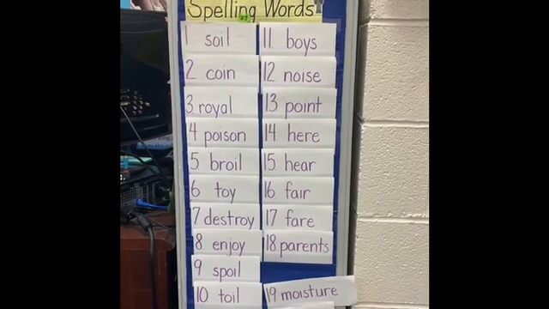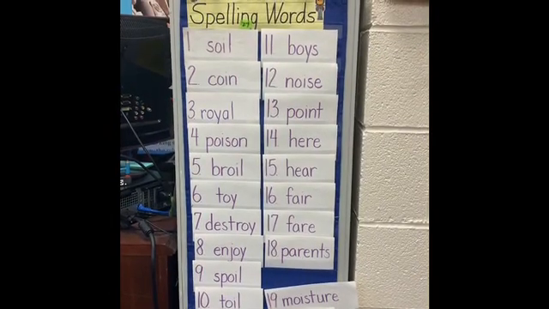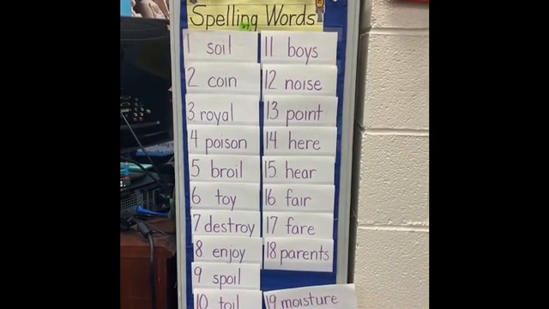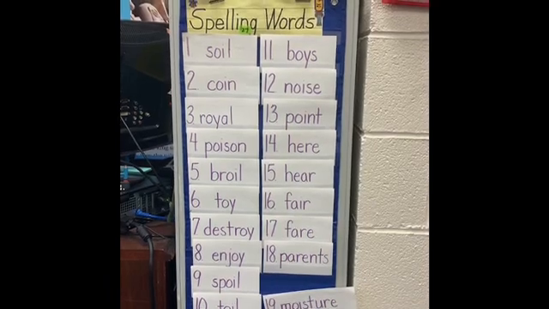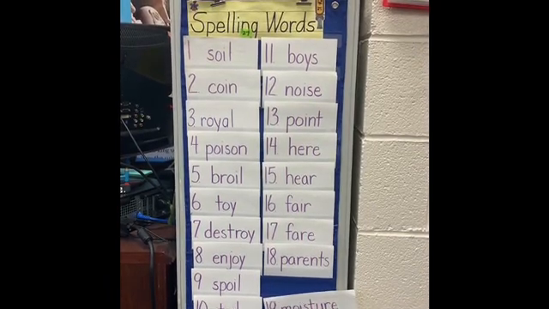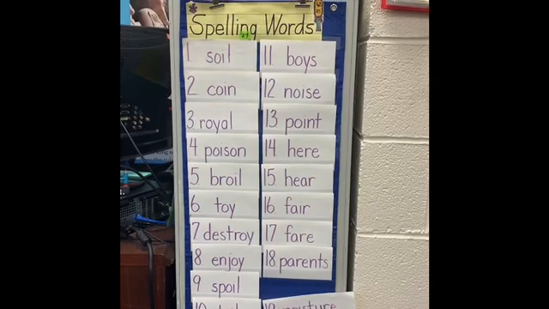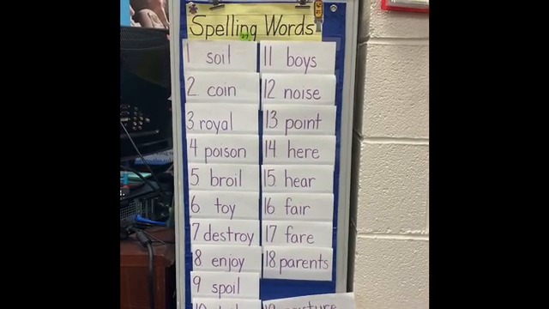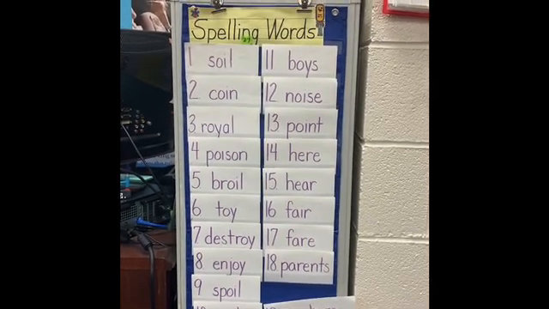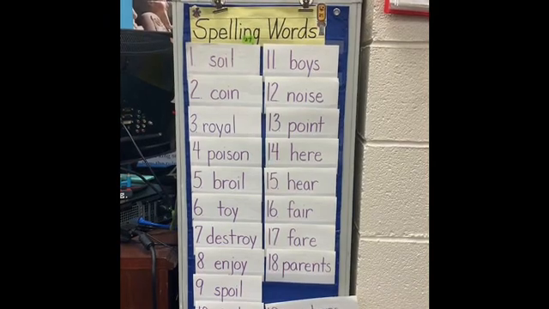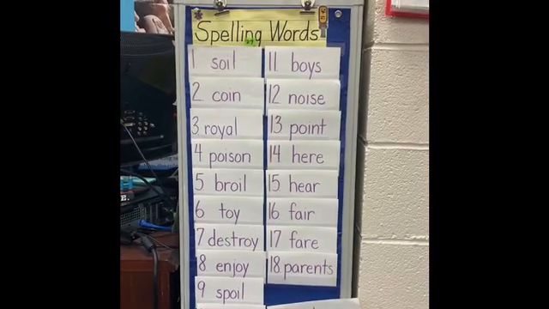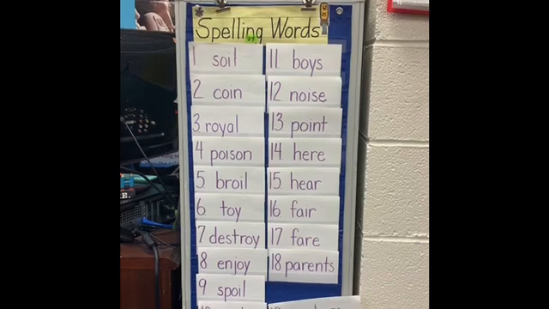Boys and girls, let's go over our spelling words. Number 1, soil. S-O-I-L, soil. Coin. C-O-I-N, coin. Royal. R-O-Y-A-L, royal. Poison.